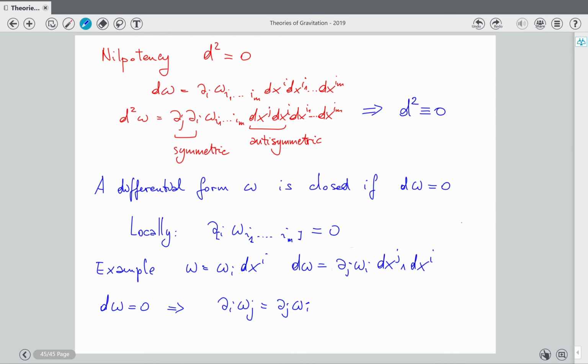But you cannot say that separately this is 0. So this is the condition curl equals 0 that you are familiar with from electrodynamics.